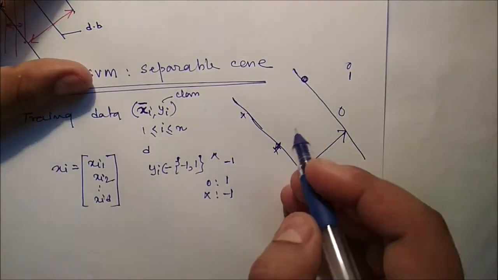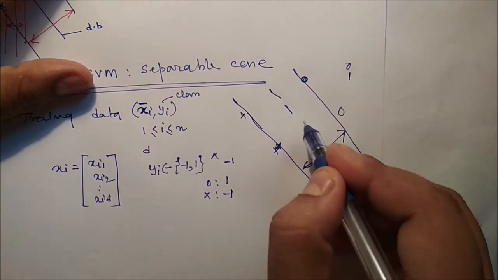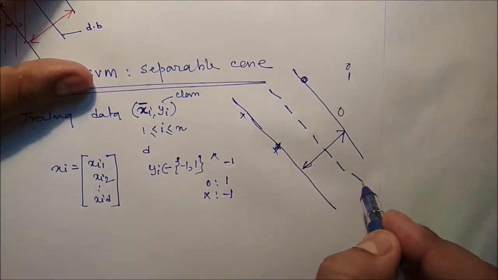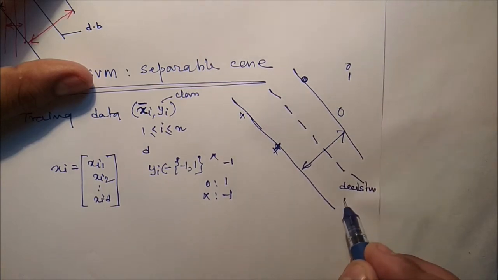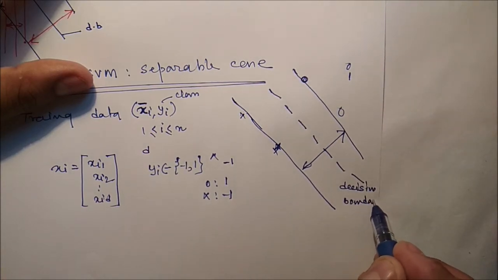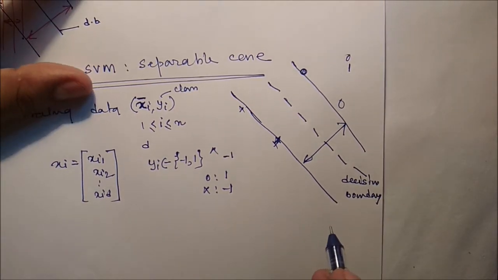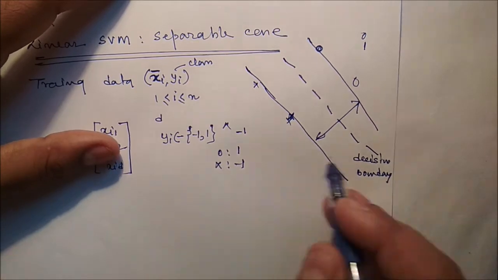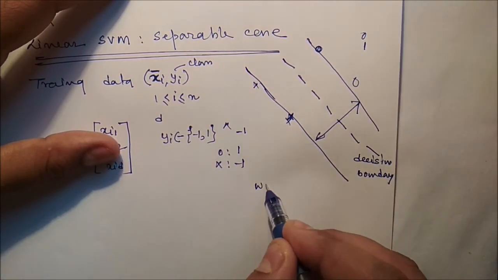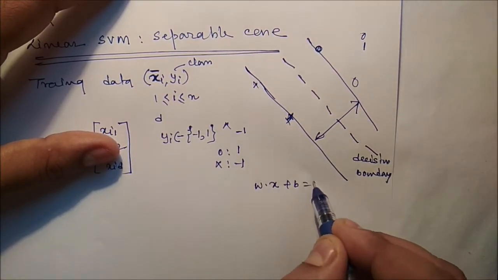Here it is a straight line. This is our decision boundary, and it's a straight line. That means we can represent it by the equation wx plus b is equal to 0.